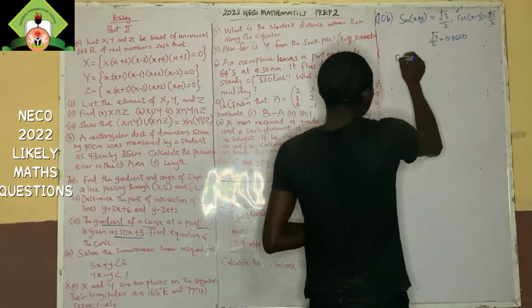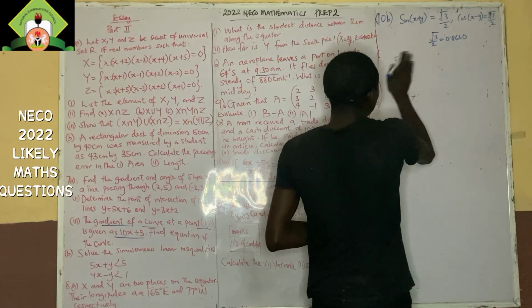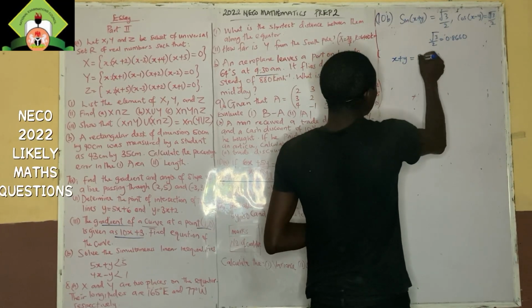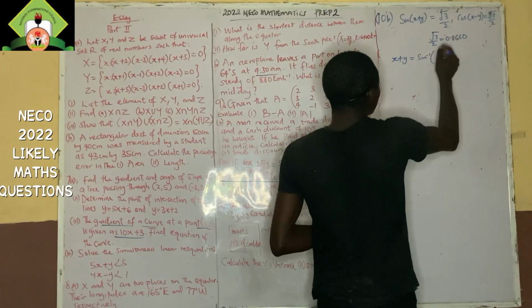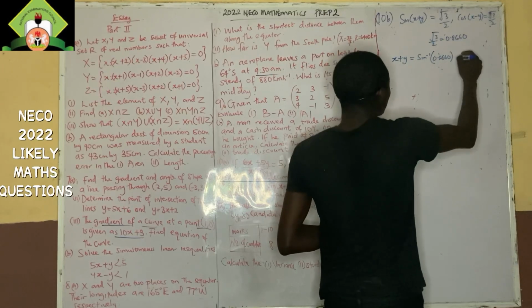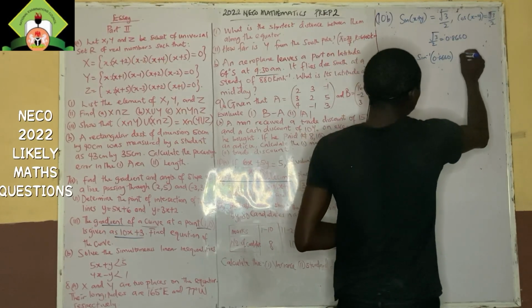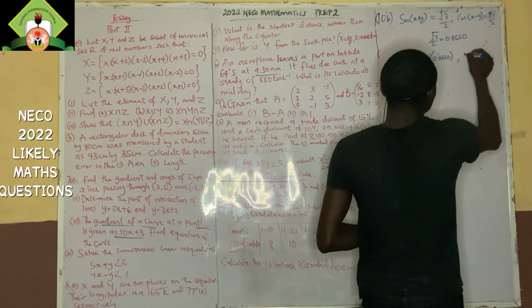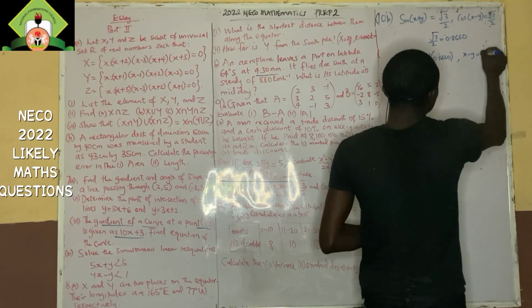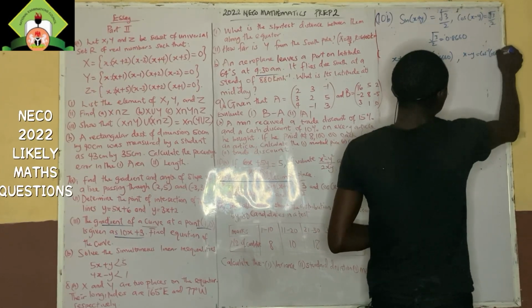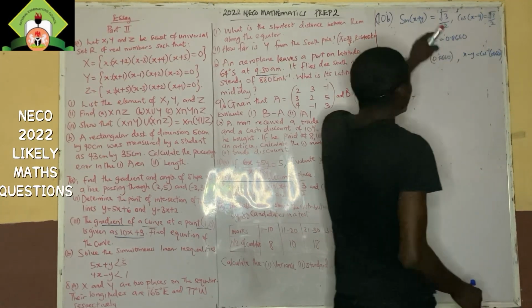So we have x plus y equal to sine inverse of 0.8660, and so on and so forth. And this one will give you x minus y equal to cos inverse of 0.8660.